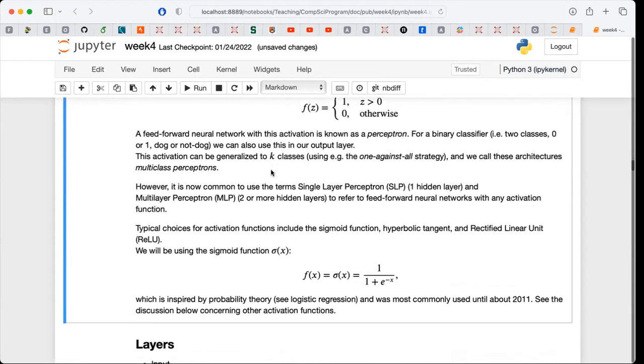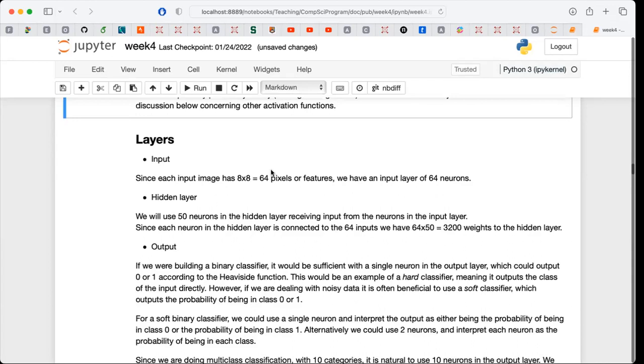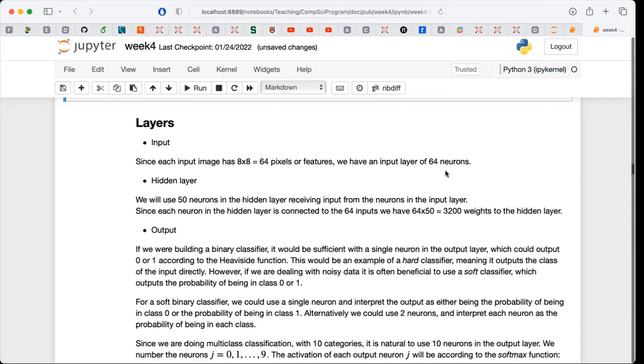I'm just going to skip through this because we've been discussing this again and again. So you need to discuss the inputs, how big they are. Every image has 64 pixels of features. So we have an input layer of 64 neurons for each image. Then we have a hidden layer.